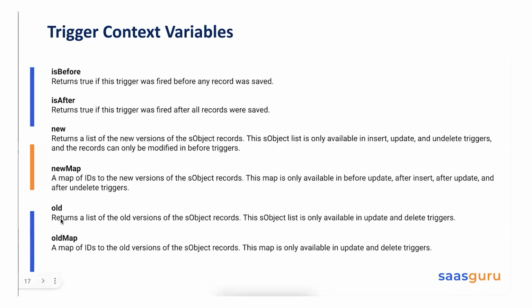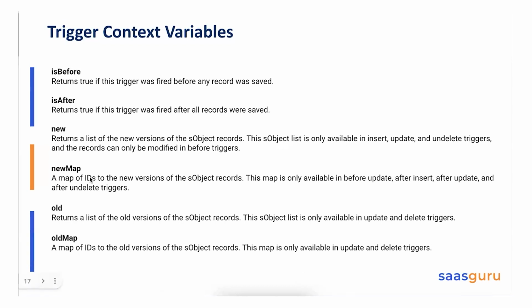And old map is very similar to this old, but here it holds the ID as key and the record as value. Again, if trigger.old is holding 10 records, then old map will also hold 10 records, with key record ID and value record. This is also available in the update and delete triggers, like old and old map.